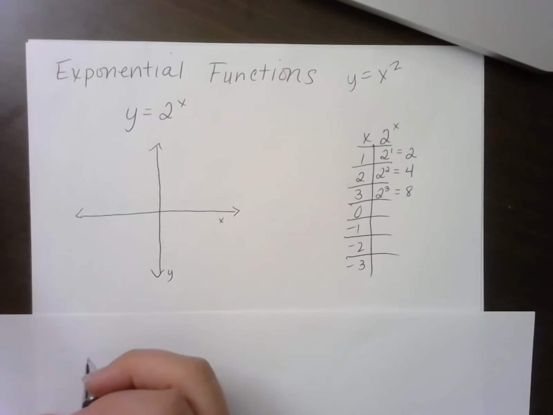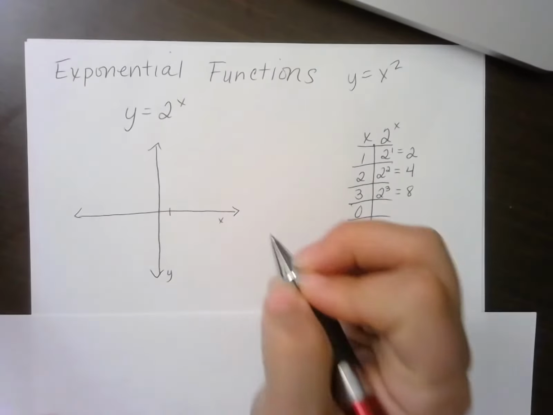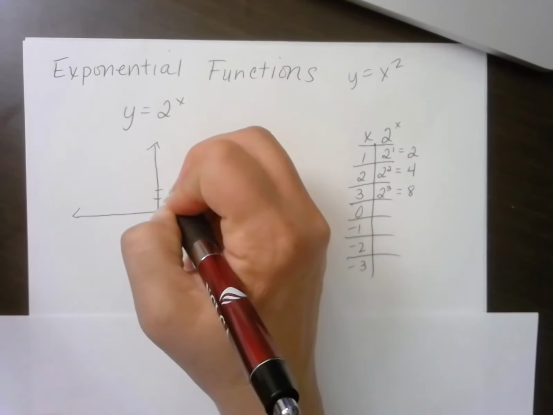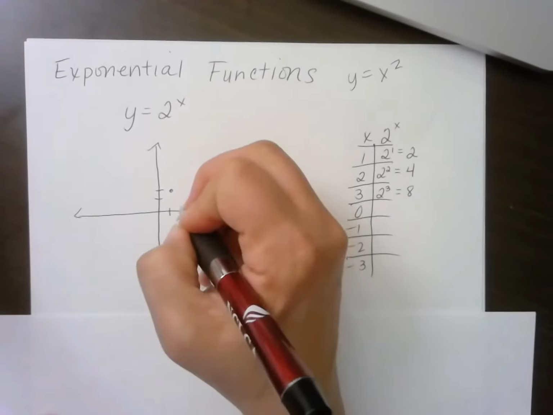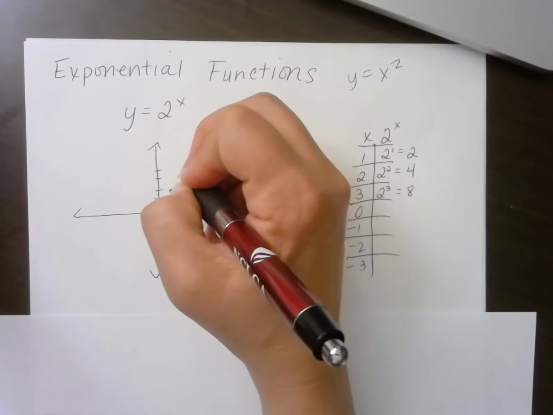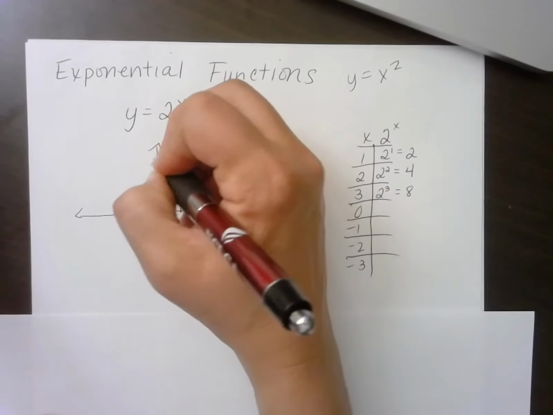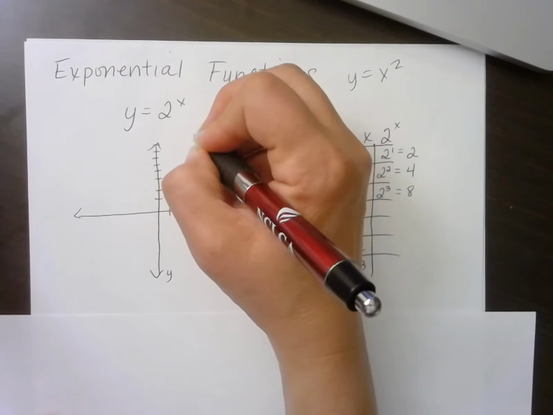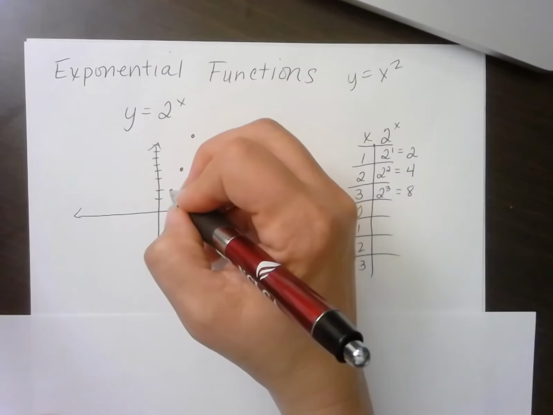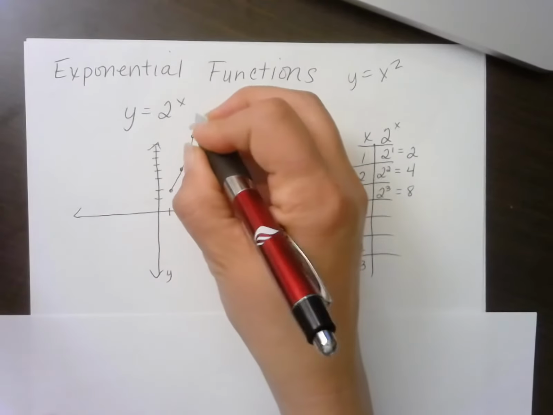Okay, so let me just plot these really quickly. If I put in 1, I get out 2. If I put in 2, I get out 4. And if I put in 3, I get out 8. So this piece over here looks like this.